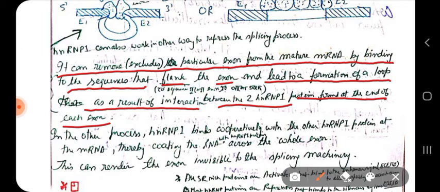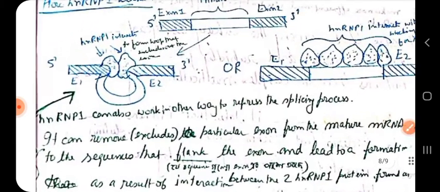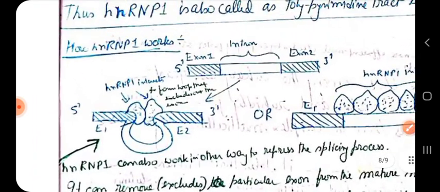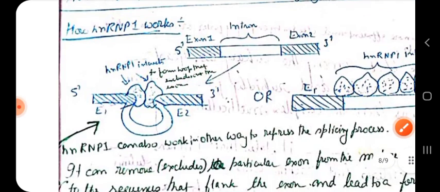And it leads to a formation of a loop-like structure like this, as a result of interaction between the two HNRNP. So here we can see two HNRNP are interacting, which leads to a formation of loops that exclude the exon.